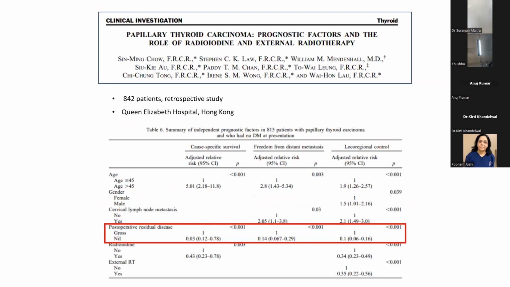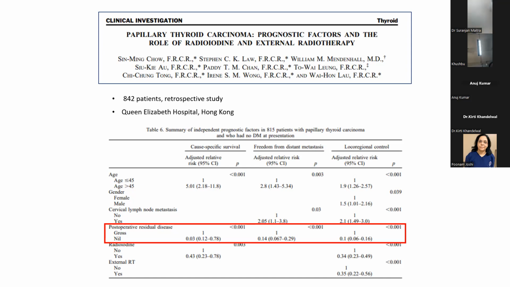and one of the studies which I would like to quote is a study that was published from Hong Kong. It was a large study with 842 patients from the Queen Elizabeth Hospital, Hong Kong. One of the important studies discussed by Chow et al. We can see that when there is gross residual disease after surgery, then the indication or recommendation for giving external beam radiation therapy is much higher.